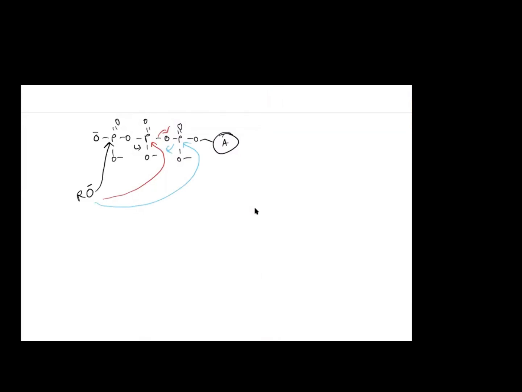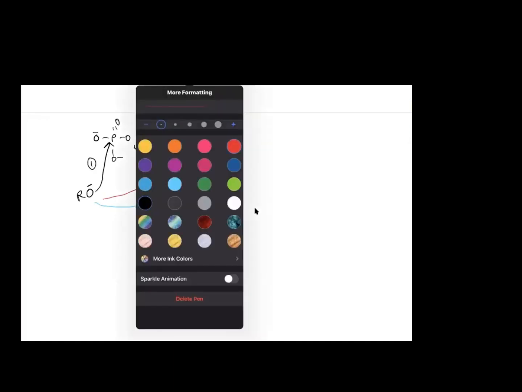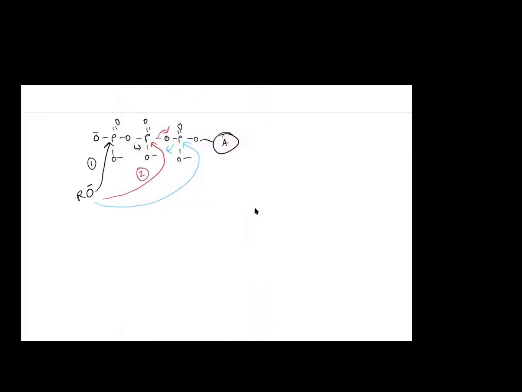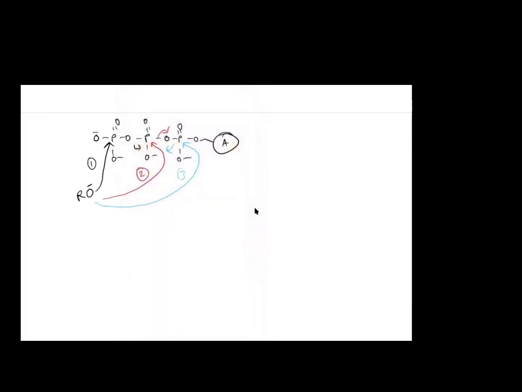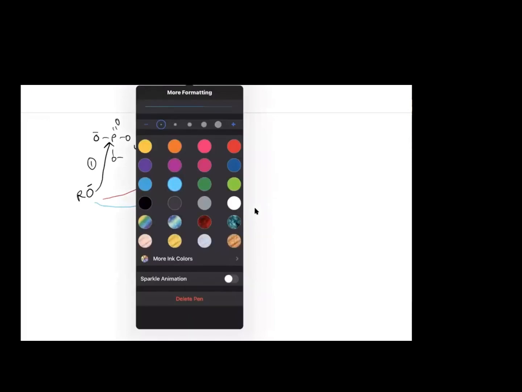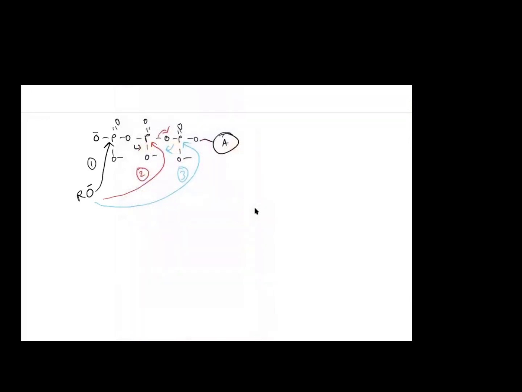So 1, 2, and 3. So in 1, we're going to get just ROPi, right?